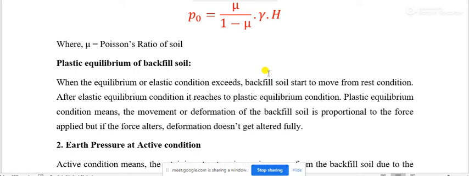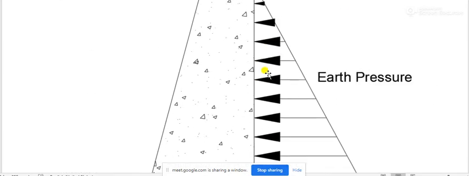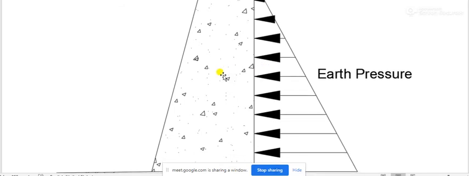Now the direction of the movement actually predicts the state or the condition of the earth pressure. If you can see the picture, if this retaining structure is moving towards this direction, due to this earth pressure, away from the backfill, this is the backfill.